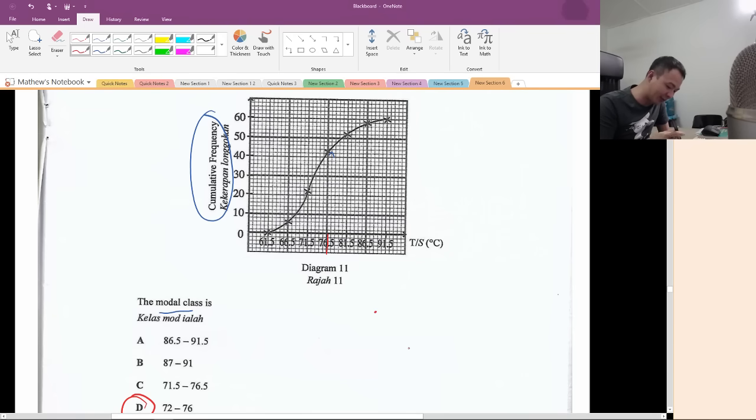So okay, we have the first class here. This plus 0.5, this is 62 to 67.